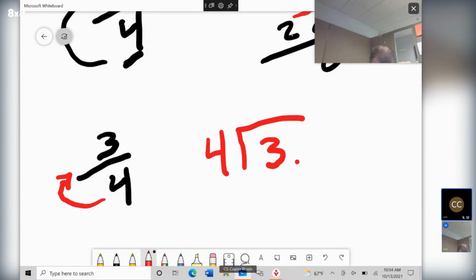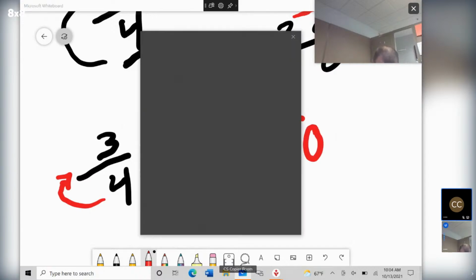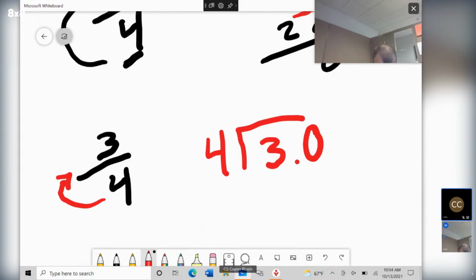So we're going to put the decimal there, and remember that the 0 goes to the right of the decimal. And we're going to move the decimal up. First thing you want to do after you put the decimal in there is move it up. And then it's just a straight division problem.